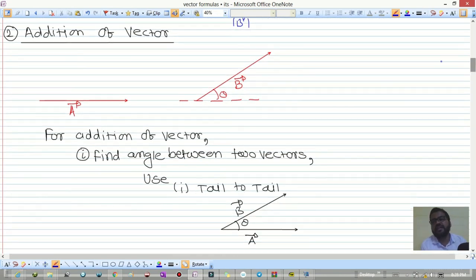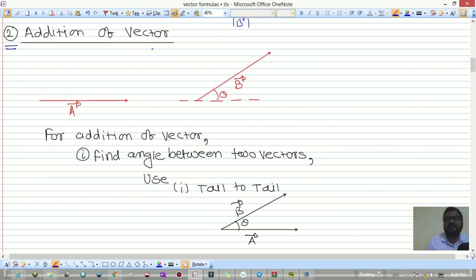Next concept we have is the addition of vectors. Till the 8th, 9th or 10th standard we study algebra, where 1 plus 2 is always 3. But in vectors, we have magnitude as well as direction.